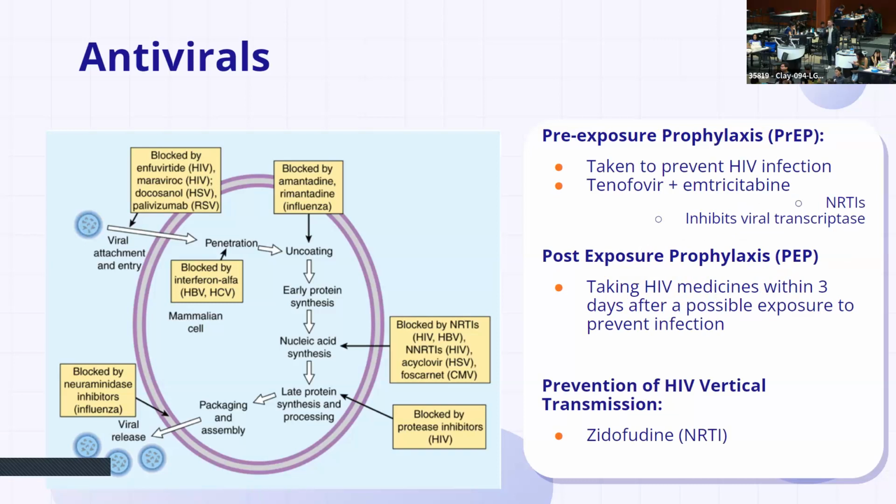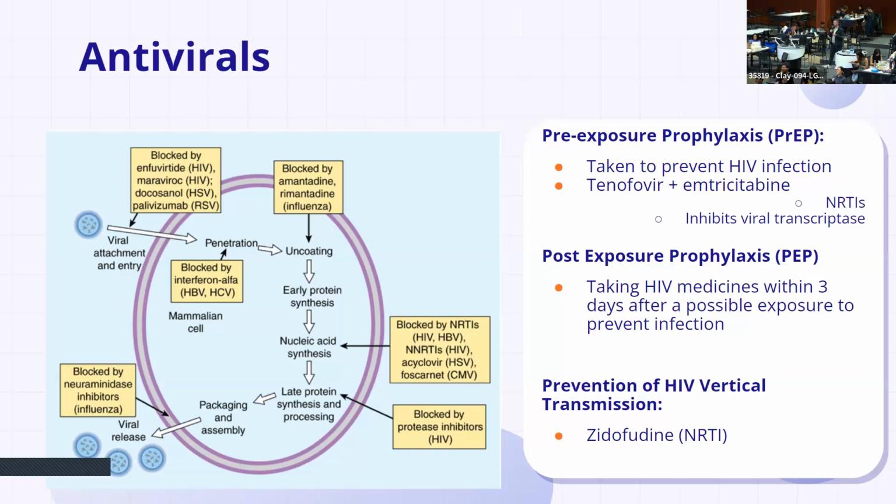Okay, so for HIV, the main things you need to take away, and this was in an ICL if I recall correctly, you've got your pre-exposure prophylaxis, which is taken in order to prevent an HIV infection. Examples are tenofovir, which is an NRTI and inhibits viral transcriptase.